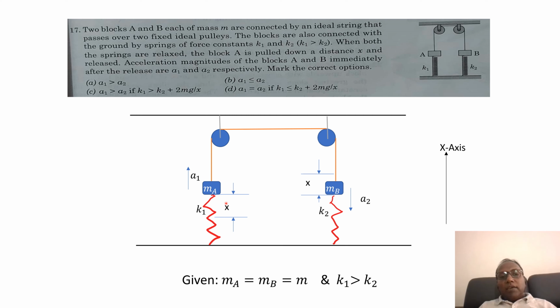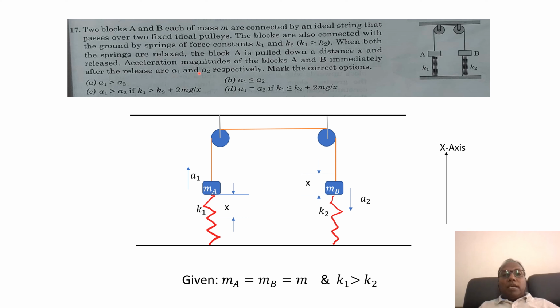Spring 1 is getting compressed. Block A is connected with the inextensible string with block B. So block B will move upward by x distance, right? So spring number 2, that K2, will be elongated by x, right?